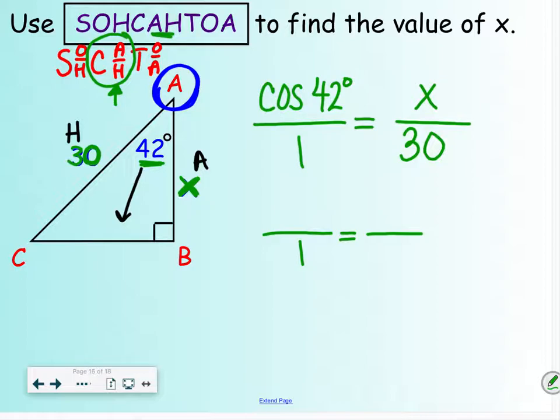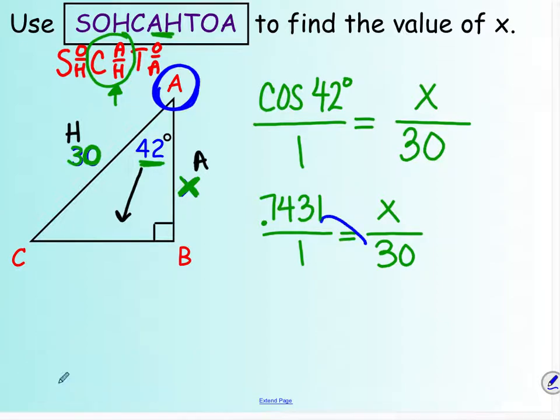Now using a calculator, cosine 42 to 4 digits is 0.7431. So now we can solve the proportion. So we're going to cross multiply and divide, like do the butterfly.